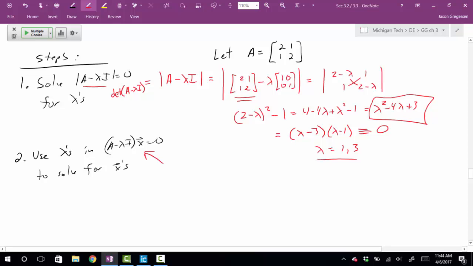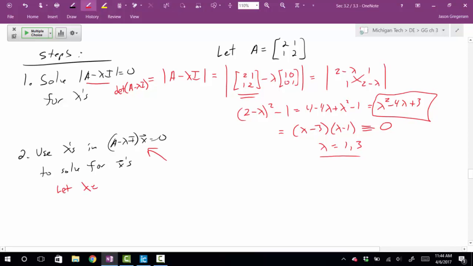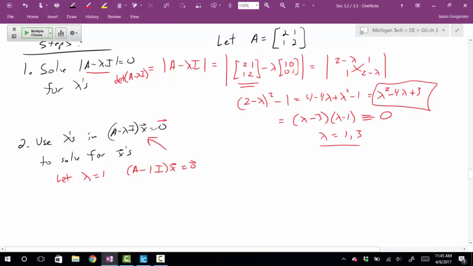So now I'm going to take lambda equals 1, the first one, and plug it into that equation and solve for x. So I'm plugging that into A minus 1 times identity times x equals 0, and I'm solving for the vector x. Once again, A minus 1 times I tells me I'm basically subtracting 1s off of the diagonal.